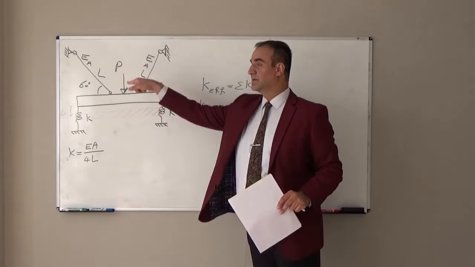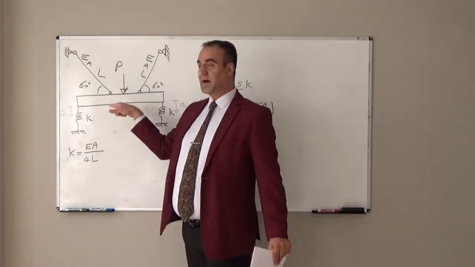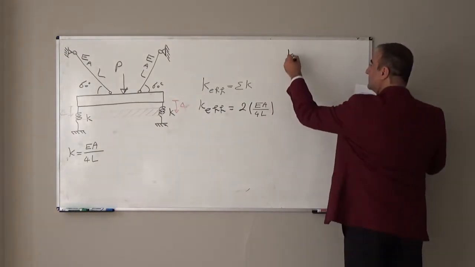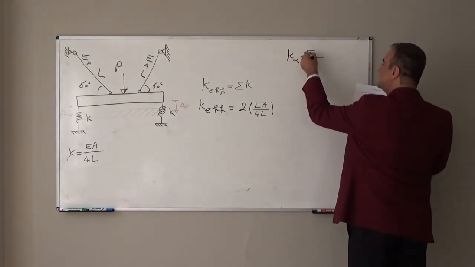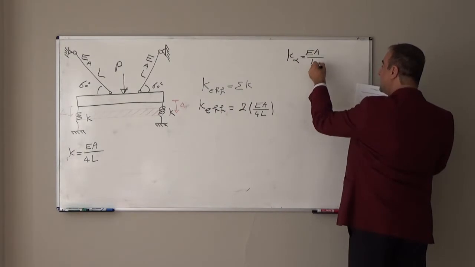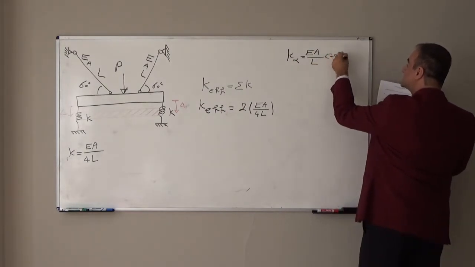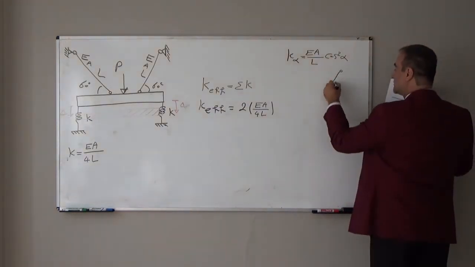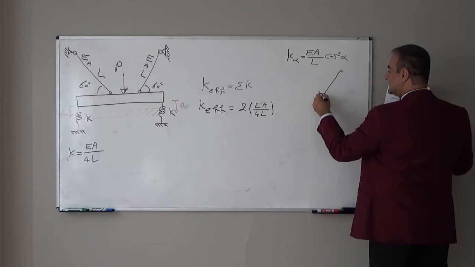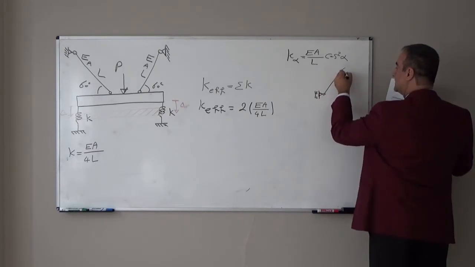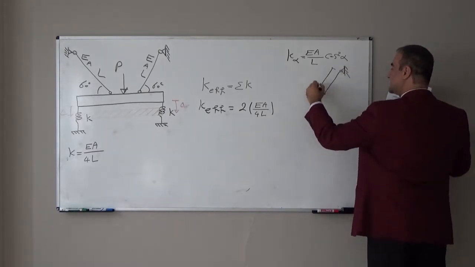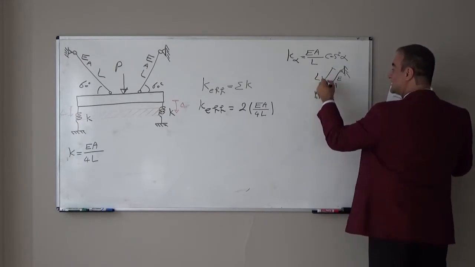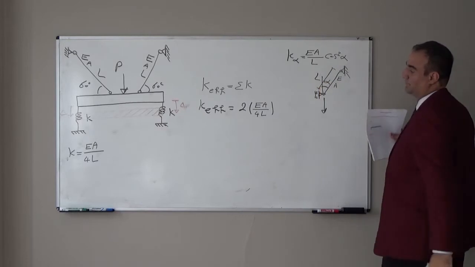For each inclined bar, if you remember, I proved that the inclined bar stiffness is EA over L cosine squared alpha in the direction of load. So if this is the inclined bar, this is our L, E, A, and this is the load direction. This angle we call alpha.